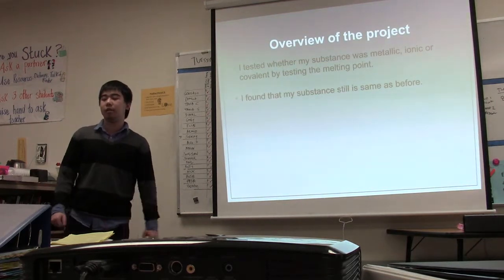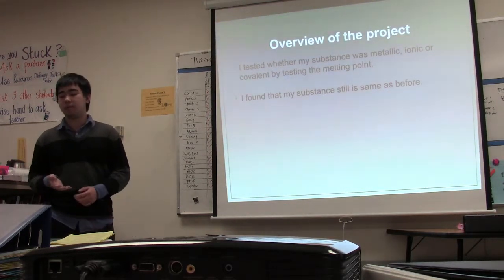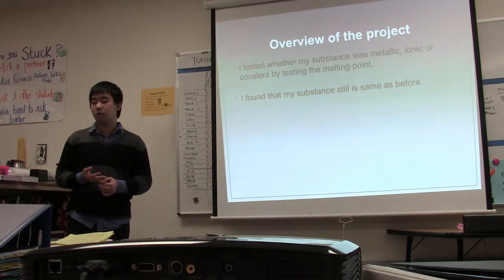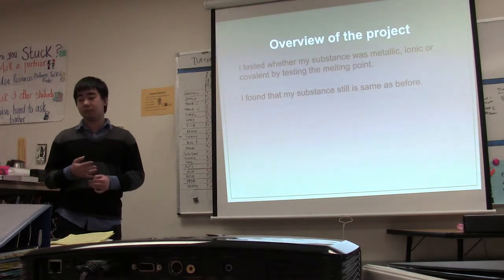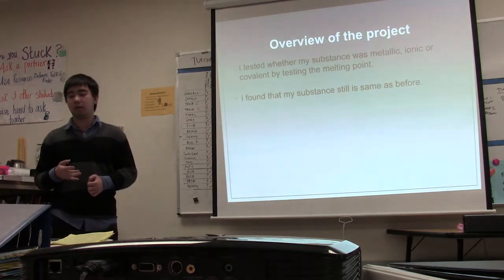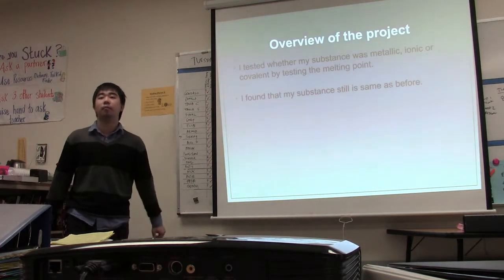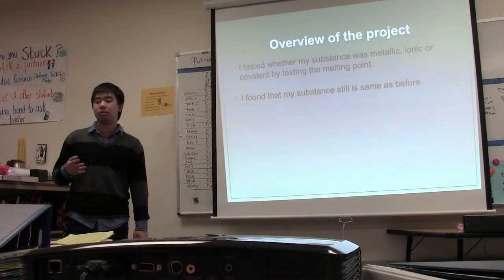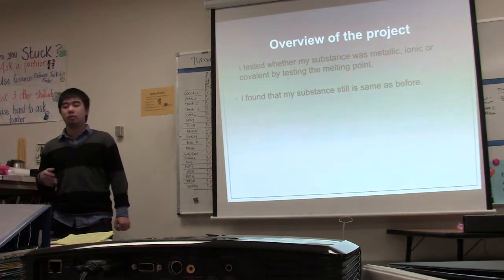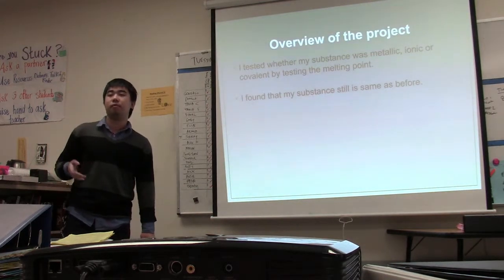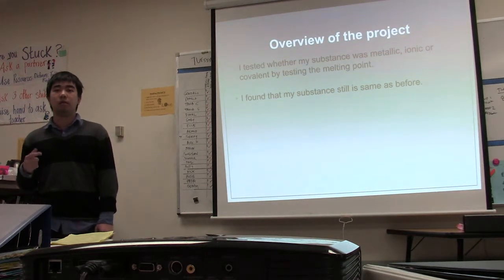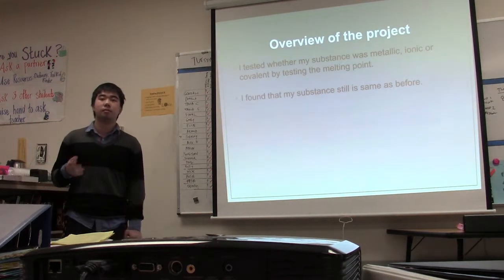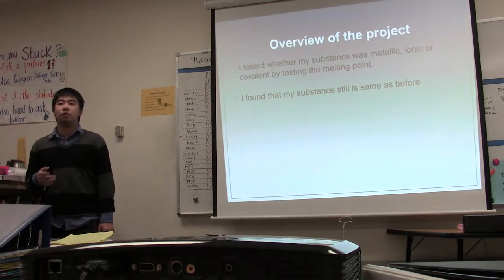So I tested whether my substance was a metal or ionic compound by testing the melting point. I found that my substance is still the same as before, so I think that means my substance's melting point is high.